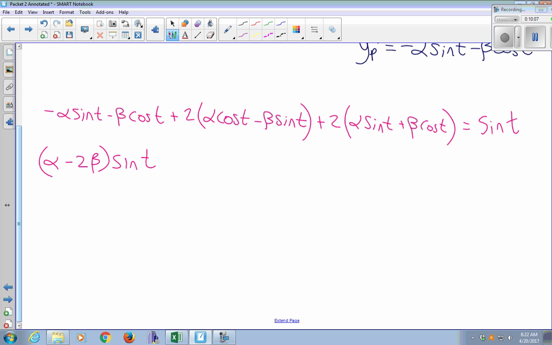And then my cosines, I have negative beta, 2 alpha, and 2 beta. So negative beta plus 2 beta is beta. And then I have 2 alphas. And then I'm just adding a little bit to the right-hand side.